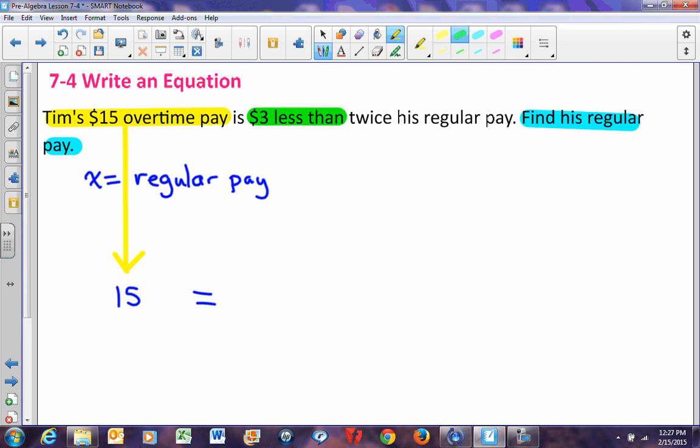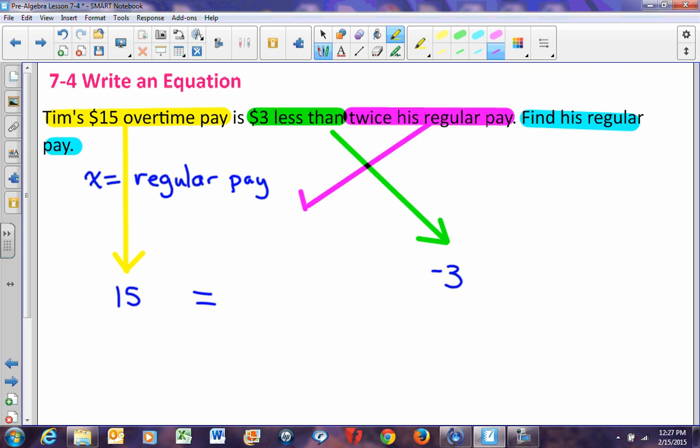If I was going to do that, 3 less than means something else has to come first. So with 3 less than, I'm going to put it over here, and that's going to be minus 3. Twice his regular pay has to come first, and his regular pay is x, so that's going to be 2x.